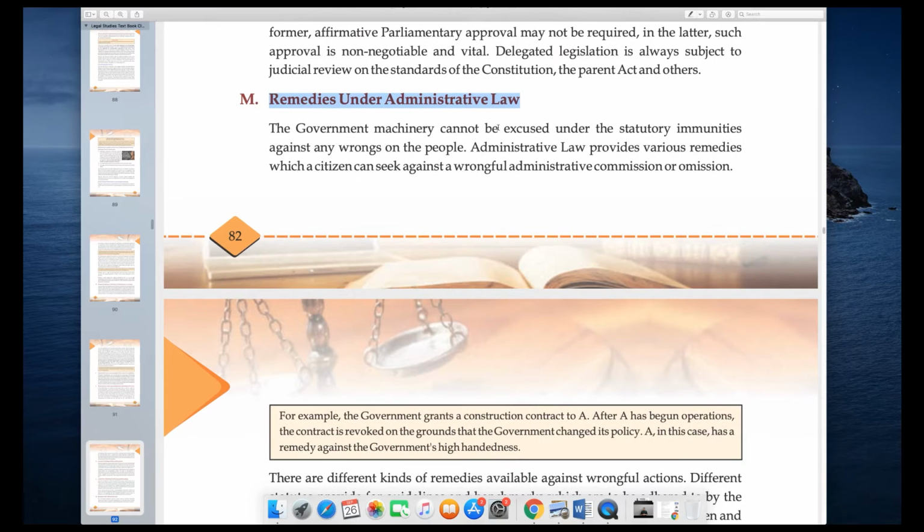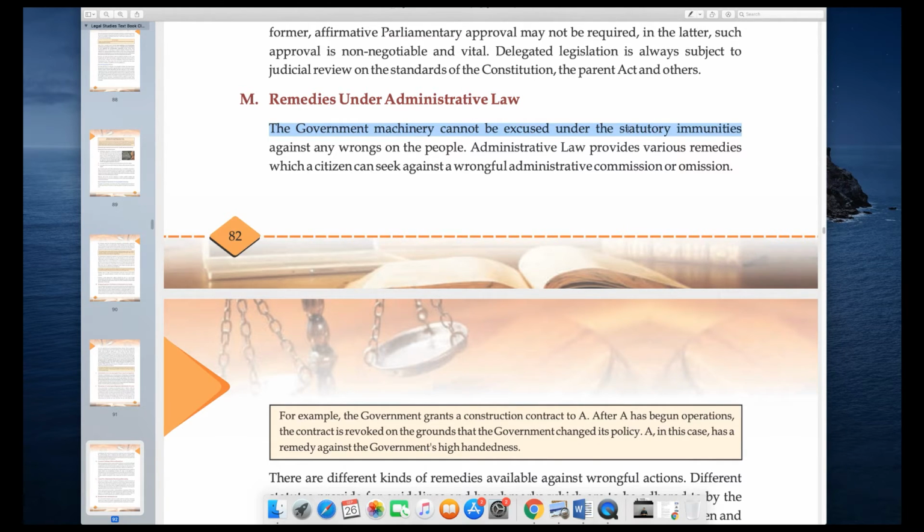So remedies, in the sense, if something wrong happens, then who will be responsible? If because of some administrative body's action, an individual or group of people suffered something, then who will be responsible and what is the remedy for that? So this solution is again given by administrative law.